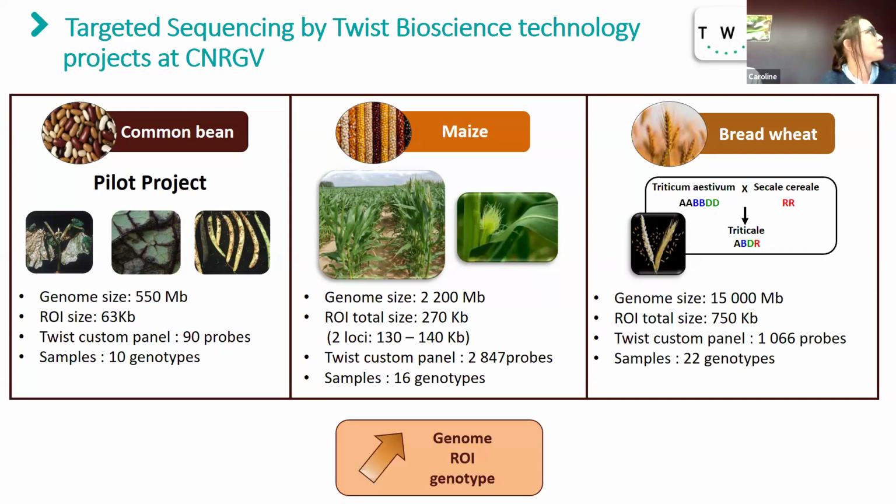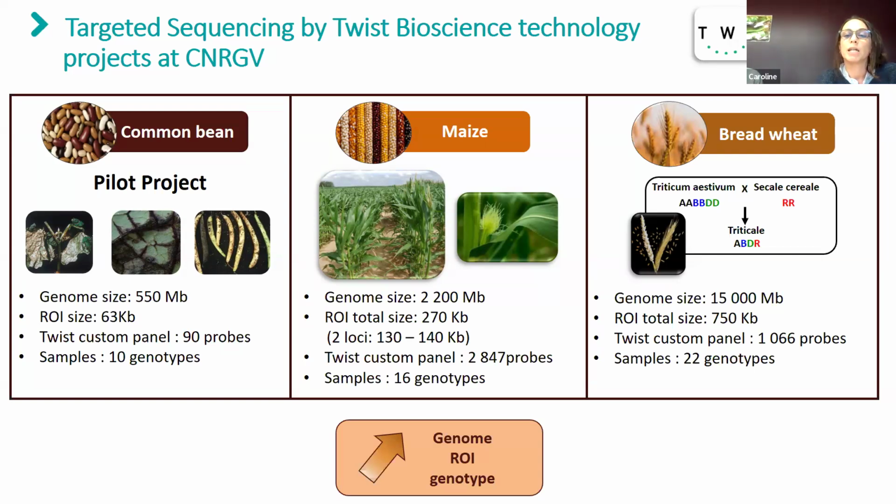Next, we scaled up to maize, a more complex genome of 2.2 gigabases, and we target a larger region of 270 kb split across 2 loci. This project involves 16 genotypes and uses over 2,800 probes.